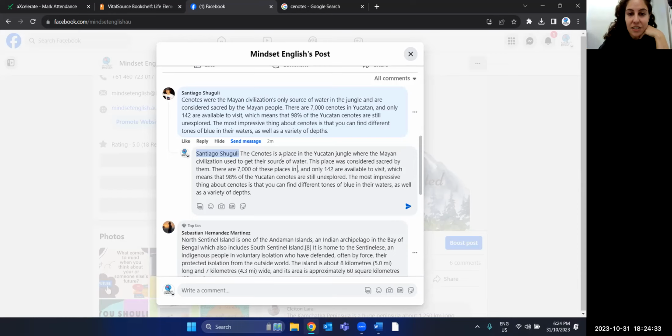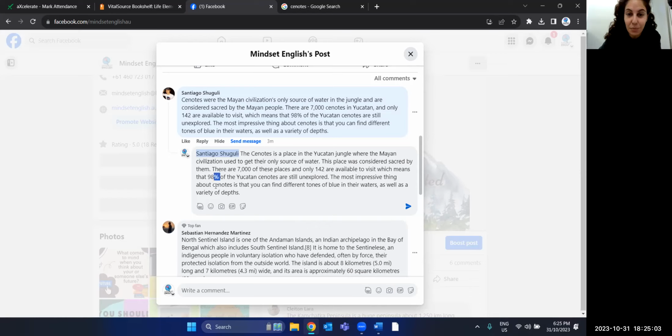So I said the cenotes is a place in the Yucatan jungle where the Mayan civilization used to get their source of water, their only source of water. This place was considered sacred by them. There are 7,000 of these places, and only 142 are available to visit, which means that 98% of the Yucatan cenotes are still unexplored.